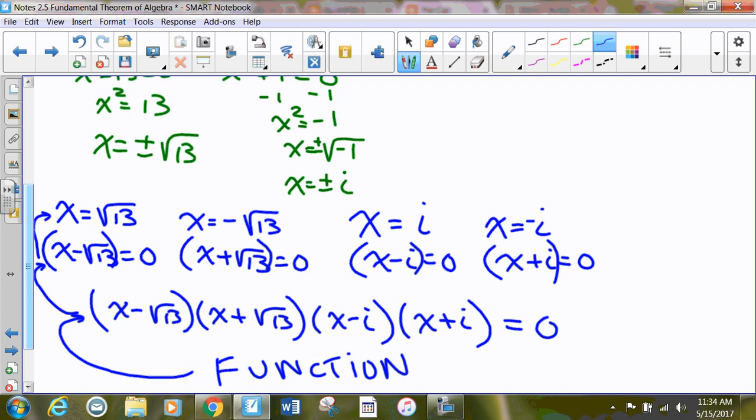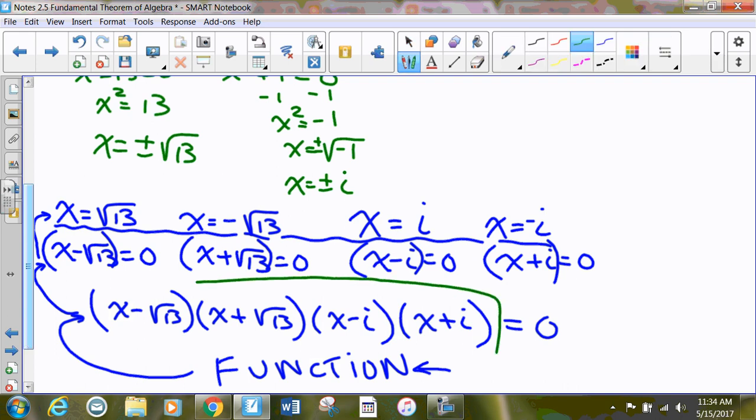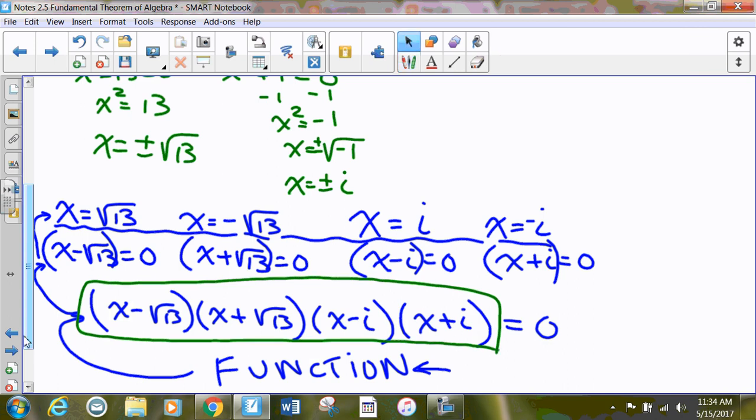So actually what we're doing is that process backwards. We start out with our zeros, because we started out knowing what our x's were equal to, and we're working backwards, not to the function itself, because we already know what that looks like, but to what the function looks like in factored form. That's our answer. All right.